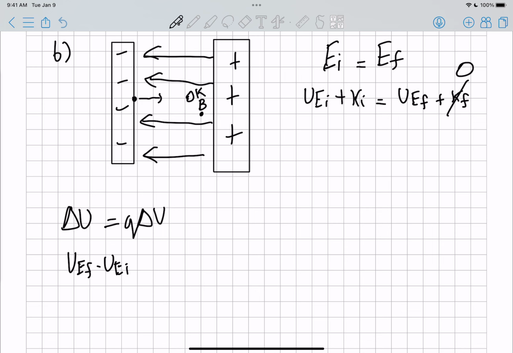So we can rearrange this part of the equation here to be Ki is equal to UEF minus UEI. So that's just equal to our delta U, right? So what we're doing now is figuring out the change in voltage between the negative plate and point B, right? And we already kind of did that.